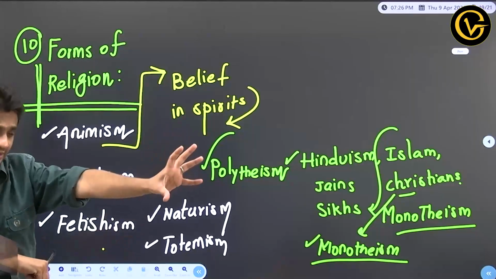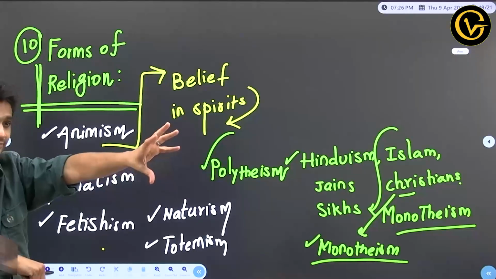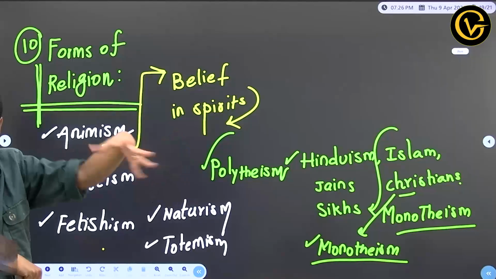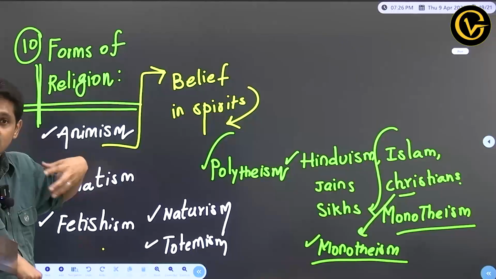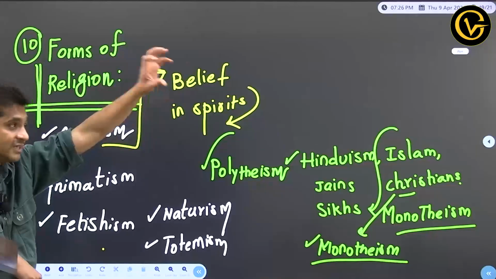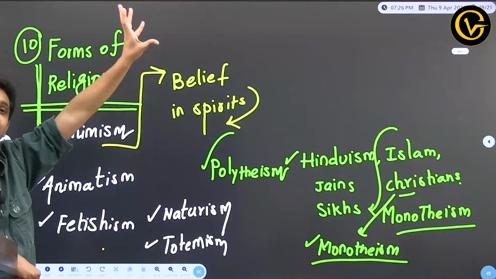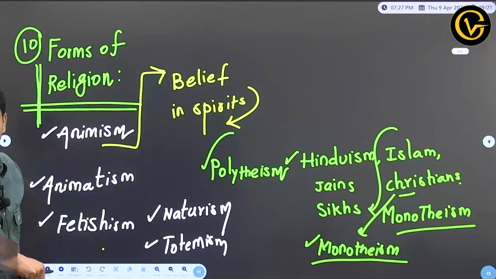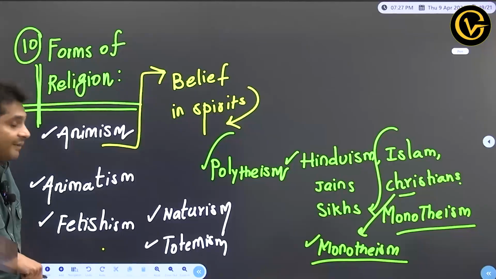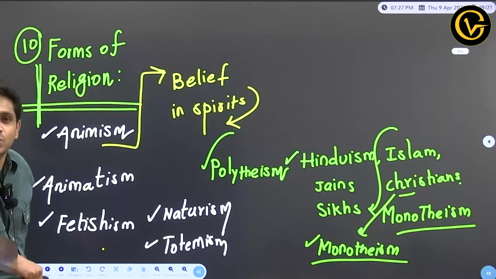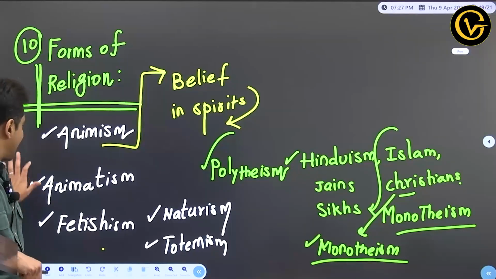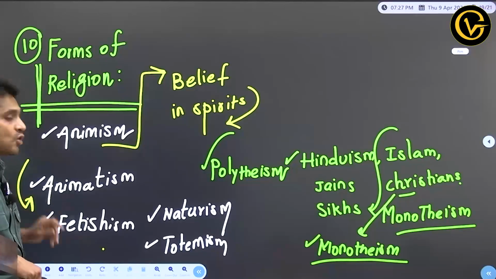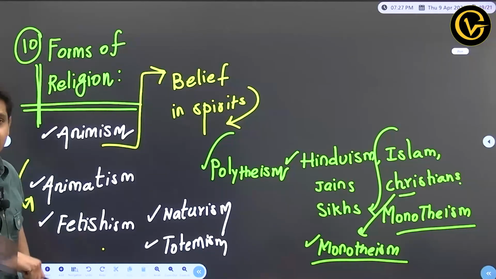They believe that this particular individual has more anima, or mana we call it. He has intrinsic power. So that individual or object will be worshipped or treated as supernatural. He's more of a religious guru. Animatism used to be very common in tribals of India, especially the Central Indian tribals. They used to believe in this animatism.